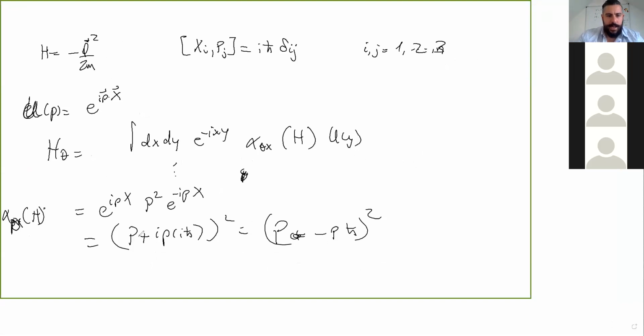The point is, at the end of the day, you plug this in, then my H theta was basically p minus some constant matrix theta.